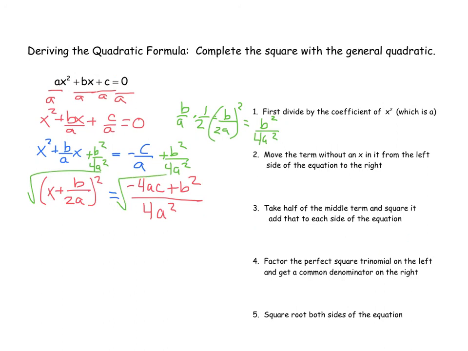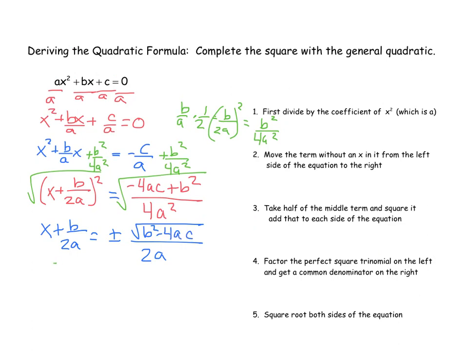Alright, now I'm going to solve with the square root method, so I square root both sides. X plus b over 2a equals plus or minus the square root of 4a squared on the bottom is 2a. On the top, I'm just going to leave it underneath the root, and I'm going to switch the order of terms. So b squared minus 4ac.